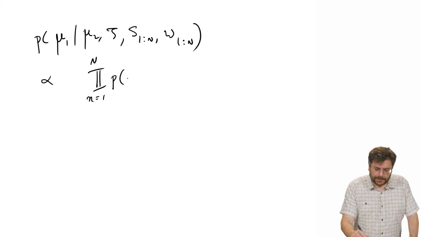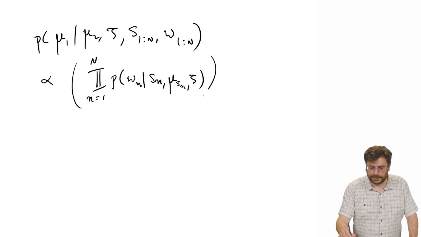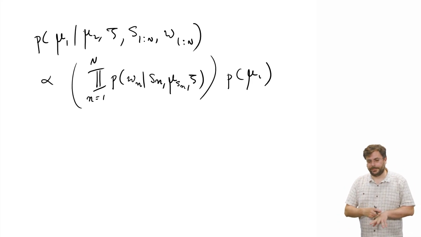P of Wn conditioned on Sn, mu sub Sn, and tau, that's my likelihood, multiplied by P of mu1.